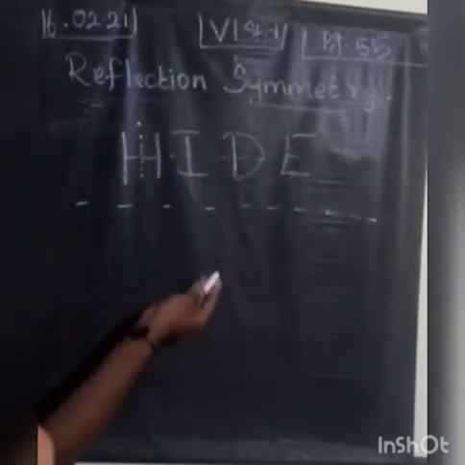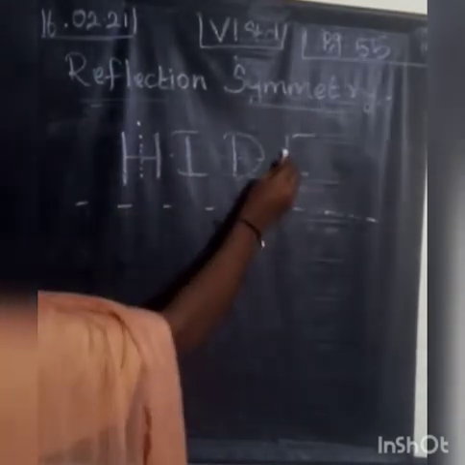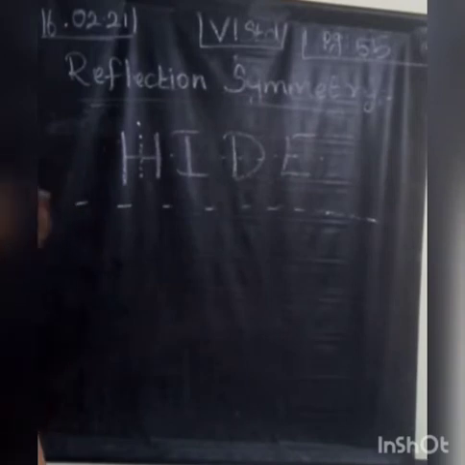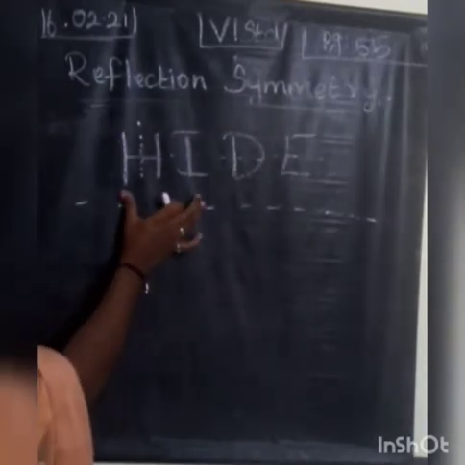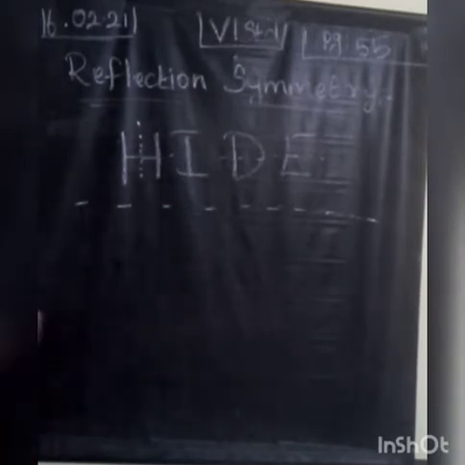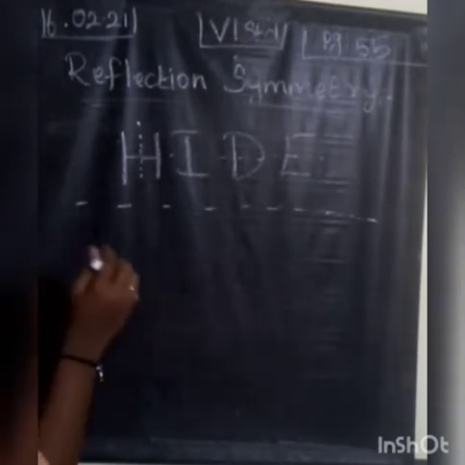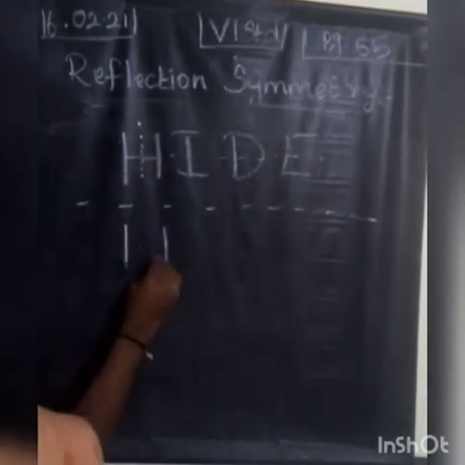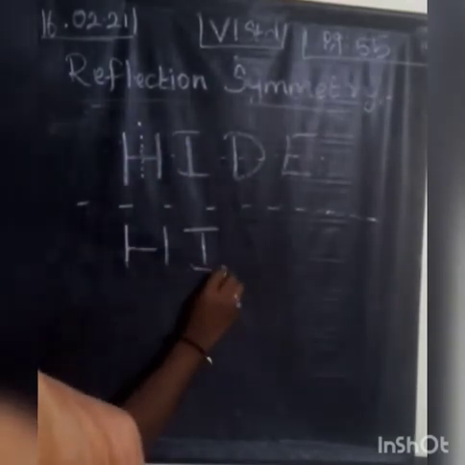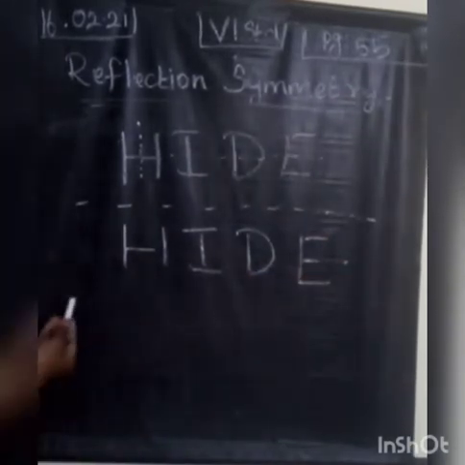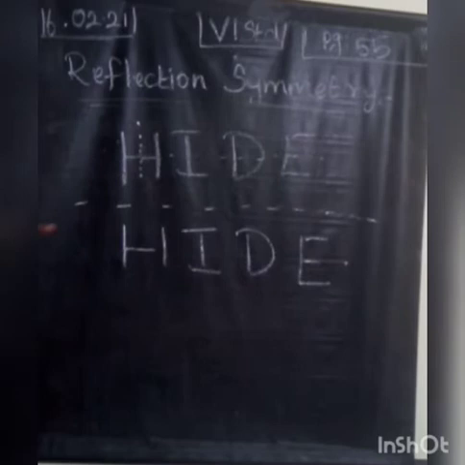So if we place a mirror along the line of symmetry, the other half of the figure gets reflected by the mirror and it looks the same. So the reflection of HIDE looks the same. This is mirror symmetry.